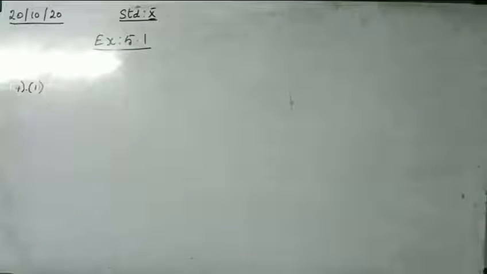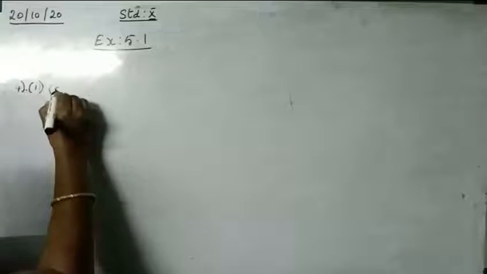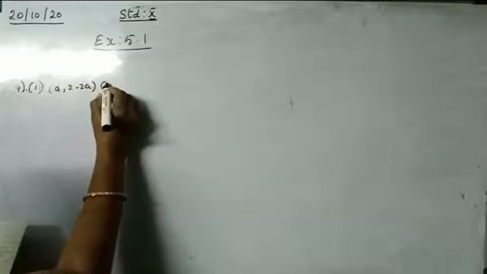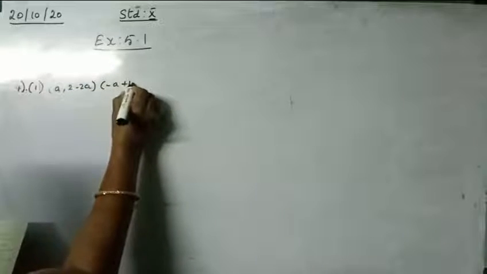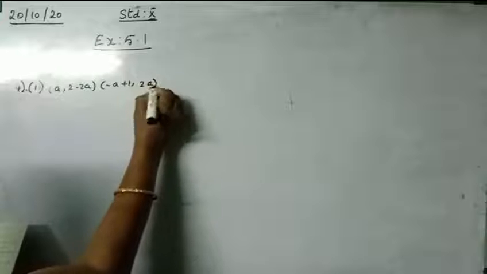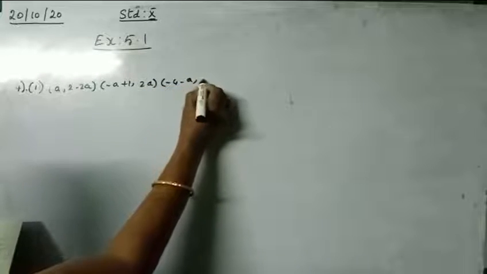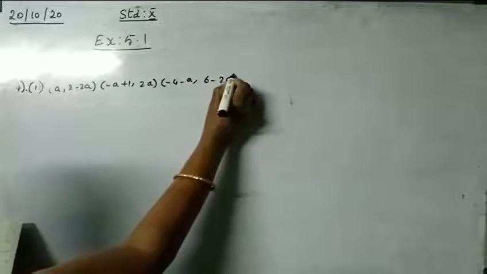Now second subdivision, the given points are a, 2 minus 2a and minus a plus 1, 2a and minus 4 minus a, 6 minus 2a.